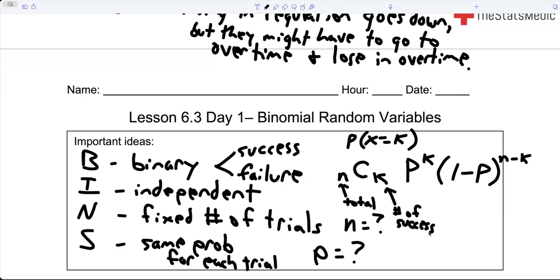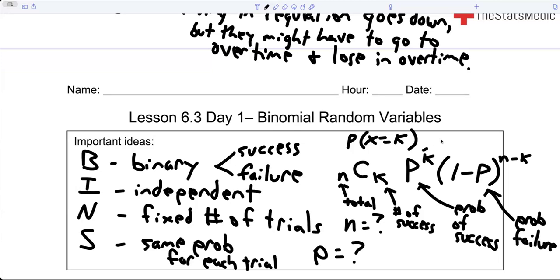We'll look at an example in just a second. This is the probability of success. This is the probability of failure. And these 2 things must add to 1, because they are complements of each other.